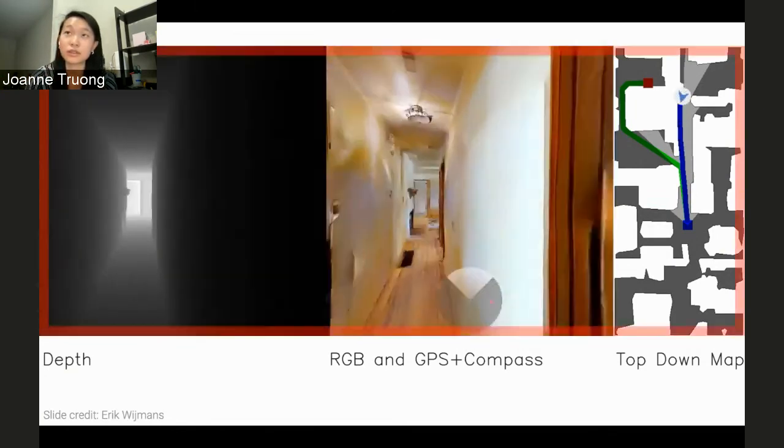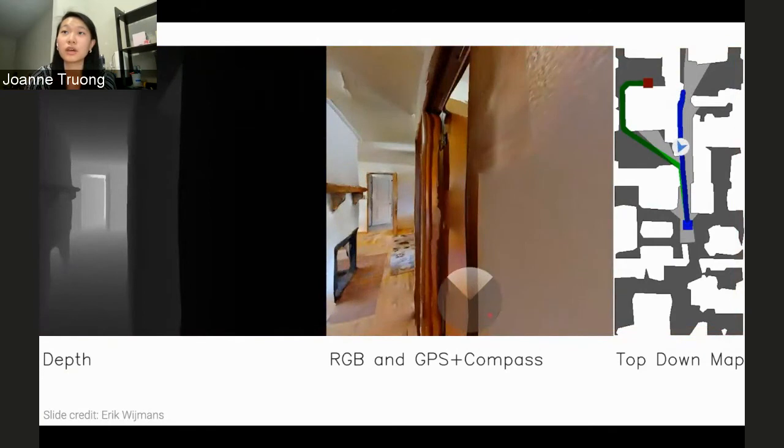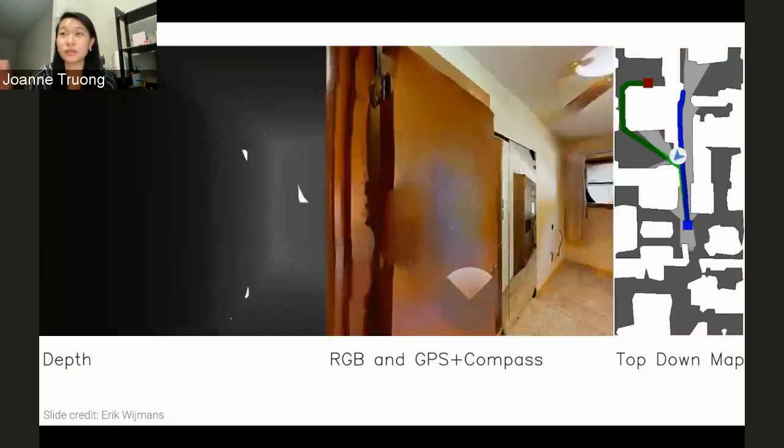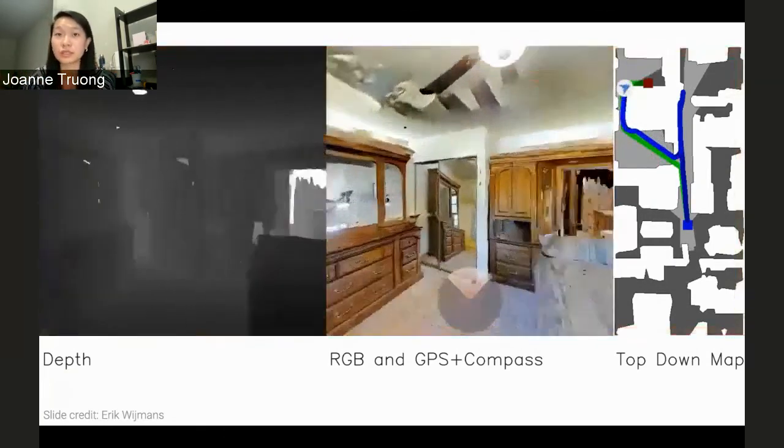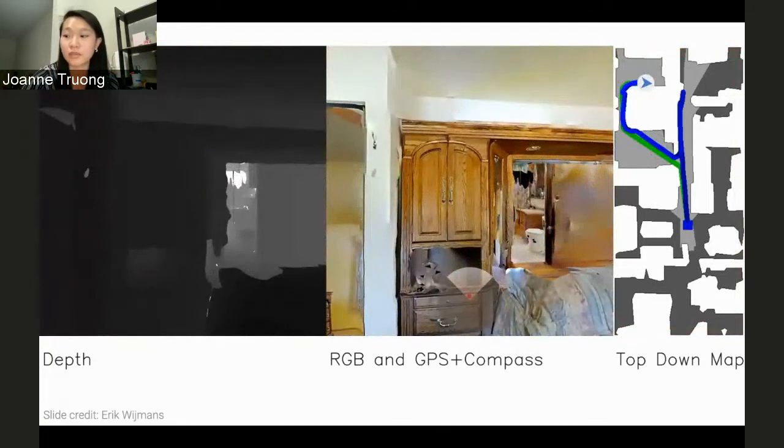This agent has learned a backtracking behavior where it can trace its actions back. Here it realizes it made the wrong turn previously, and now it can go into the room and reach the goal successfully. So these are just some interesting behaviors that the agent has picked up on after being trained for so long.